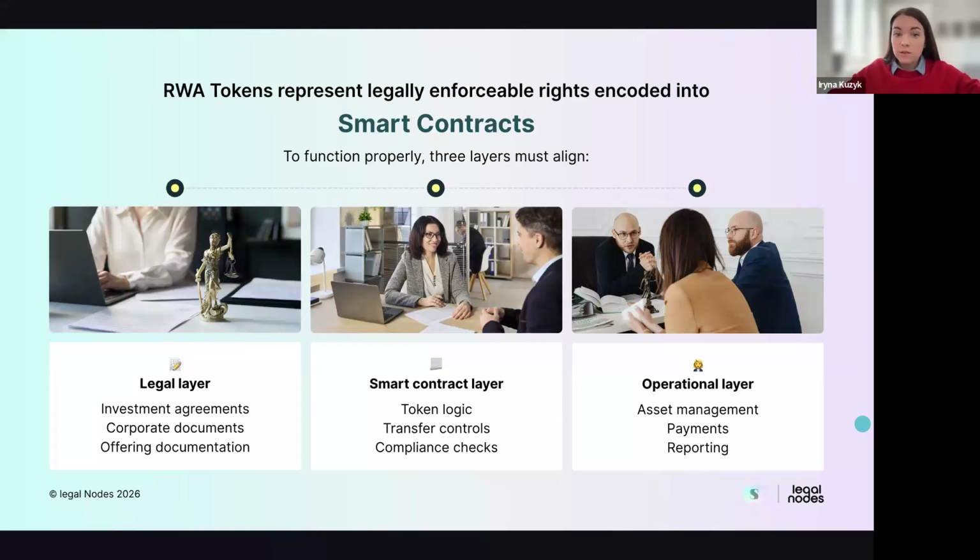The legal layer defines the rights in contracts and offering documents. The smart contract layer implements certain aspects of those rights technically, and the operational layer ensures the underlying asset and payments are actually managed. When these layers are aligned, the smart contract becomes a mechanism that helps enforce legal rules automatically via blockchain rails.